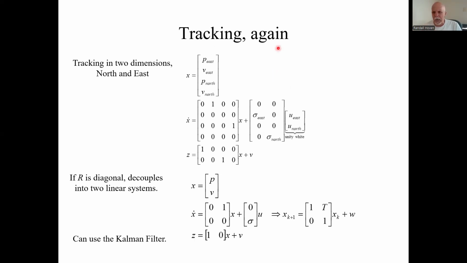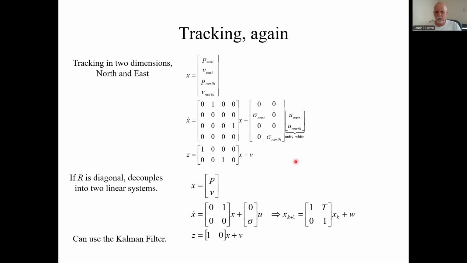Let's go back to the tracking problem again. Let's say I track in 2 dimensions, north and east. So my state vector might be this: position east, velocity east, position north, velocity north. My state space would look like this. And if that's what I measure, position east and position north, this would be my measurement equation.